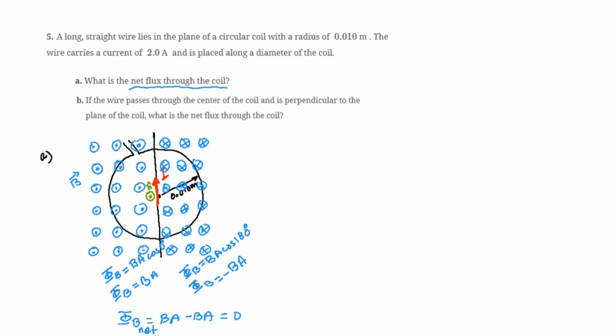Now, let's say the second example, the second case, the second scenario. You have your coil. But now the wire is perpendicular to the plane of the coil. So it's concentric with the plane of the coil. So I would be representing the wire here.